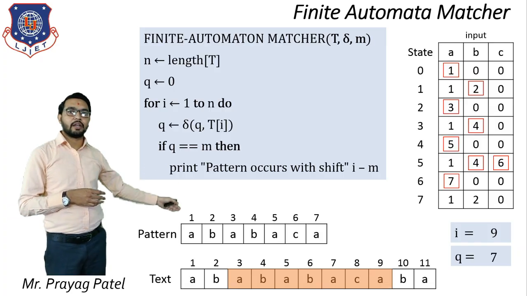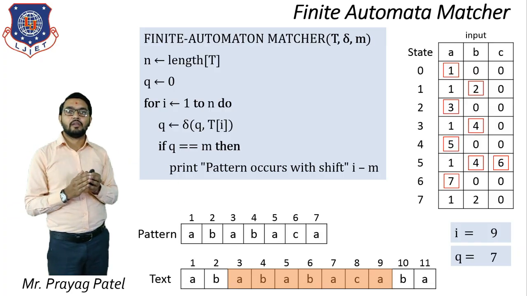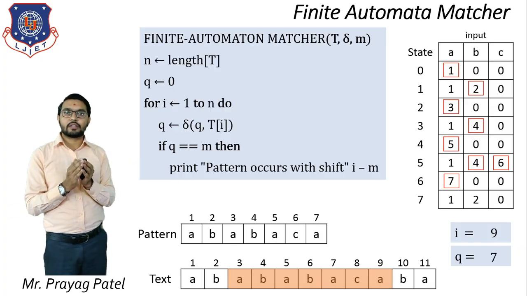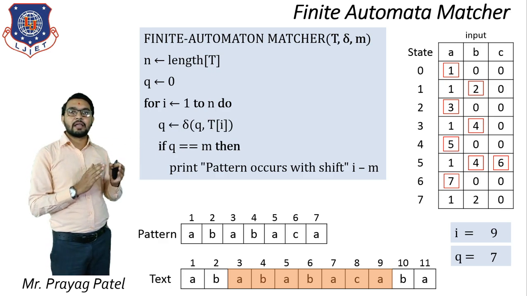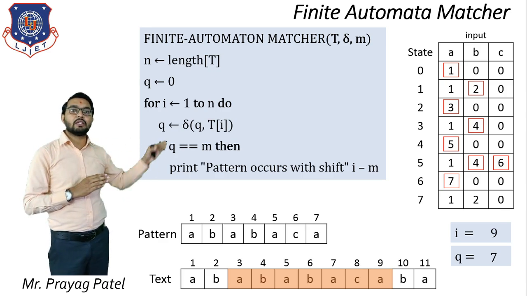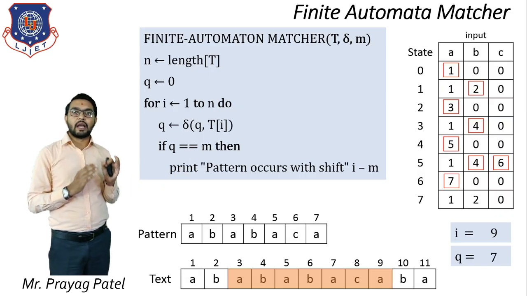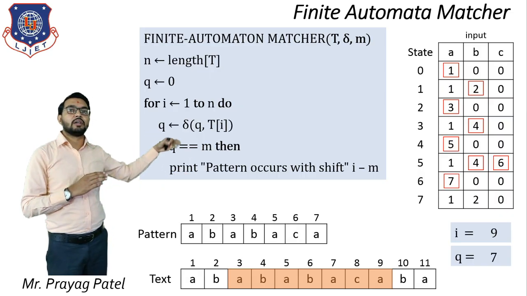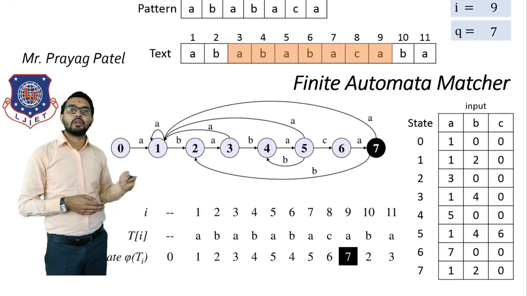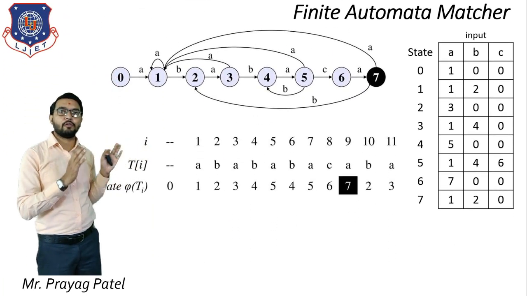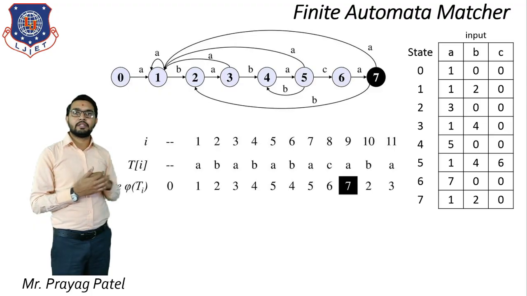This shaded line is your pattern, because the pattern starting location is defined by I minus m. M is the length of the pattern and I is 9. So 9 minus 7 is your starting location for the pattern. Now this is the final figure for finite automata matching.